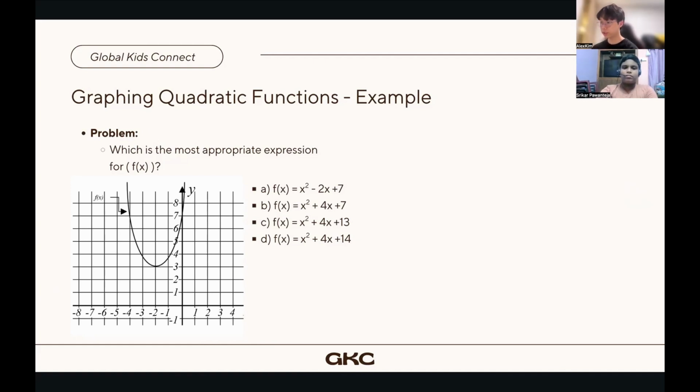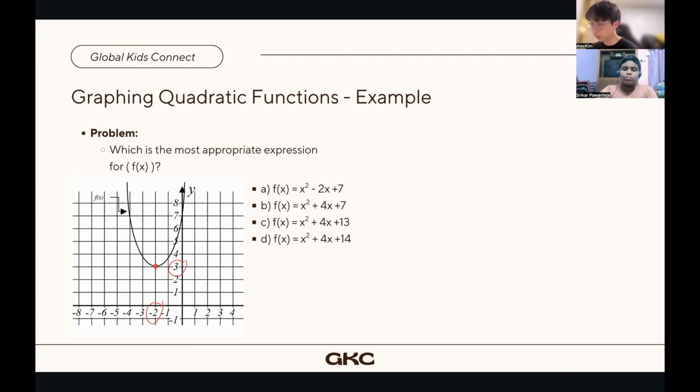And so we'll see which is the most appropriate expression for f of x. Within this example question, we are given the graph version of the parabola, and we have to find from the answer choices the correct function for this parabola. If you take a close look, you can see that we are able to find the vertex point, which is here, with an x value of -2 and a y value of +3.